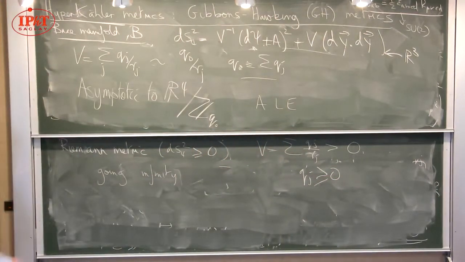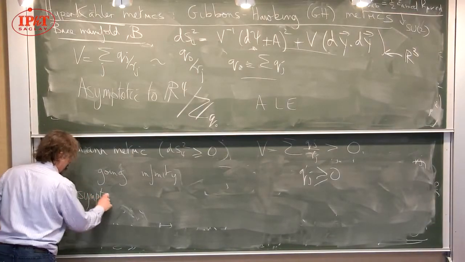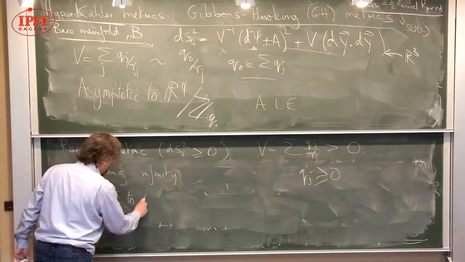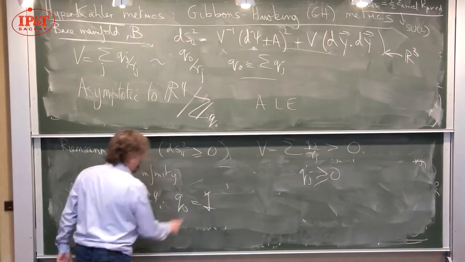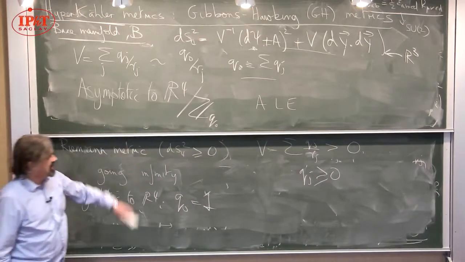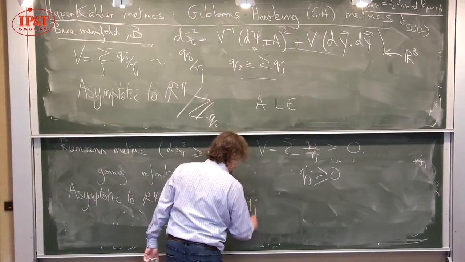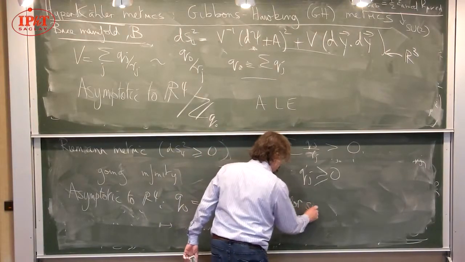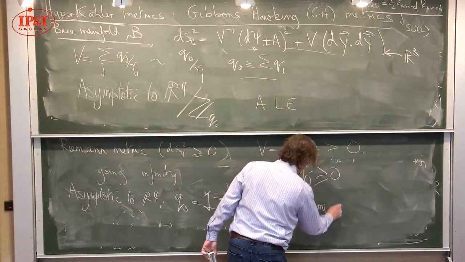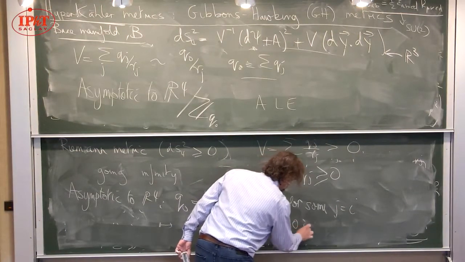But if you want asymptotic to R4, then Q naught had better be 1. And if Q naught, which is the sum of positive numbers, is 1, then the only way to do this is Qj is equal to 1 for some j, some j equals I, and Qj equals 0 otherwise.